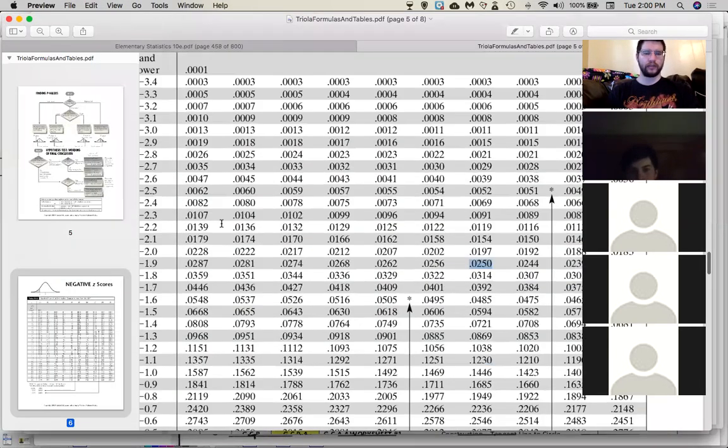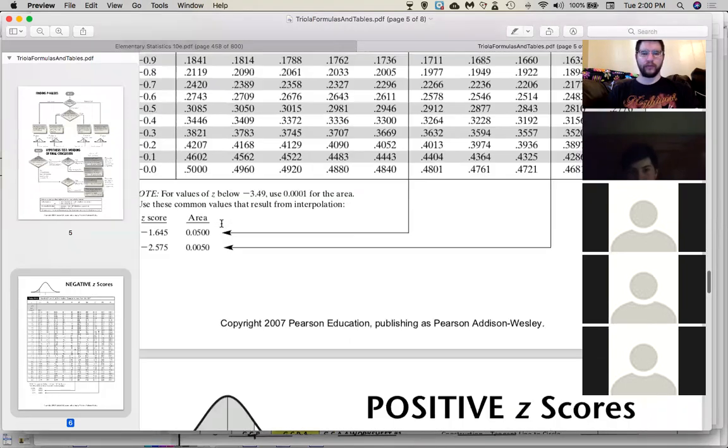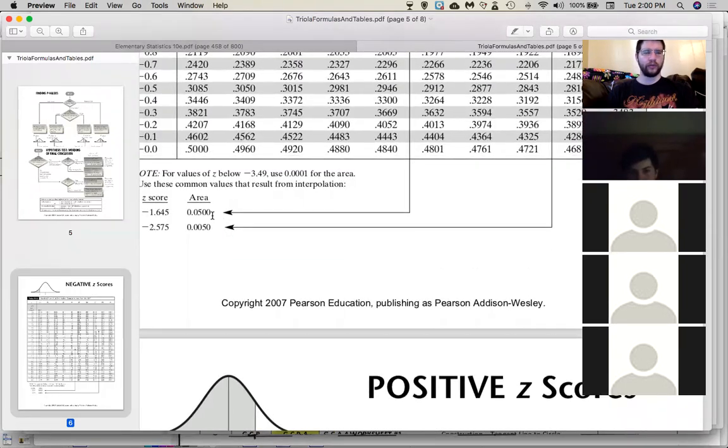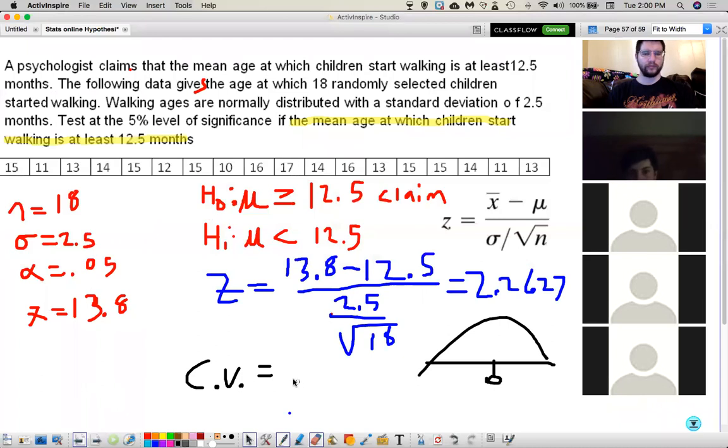I just use the chart. Let's see, 0.05, that's negative 1.645. I do use the negative because it is a left tail. Left tail, we keep the negative. Right tail, positive. Two tail, both.